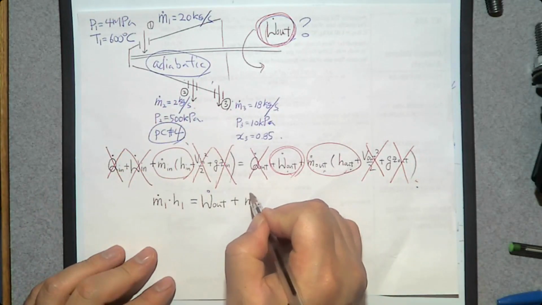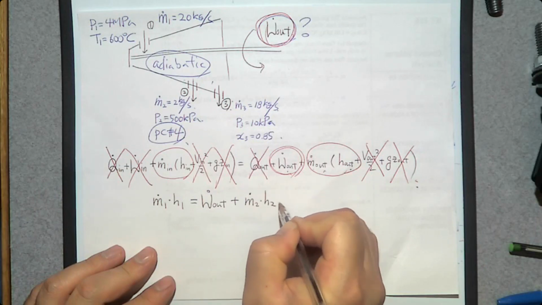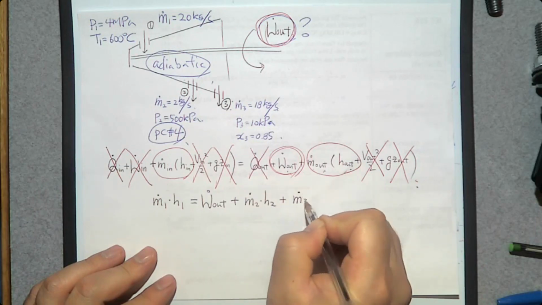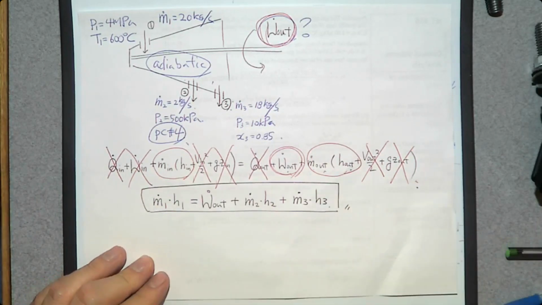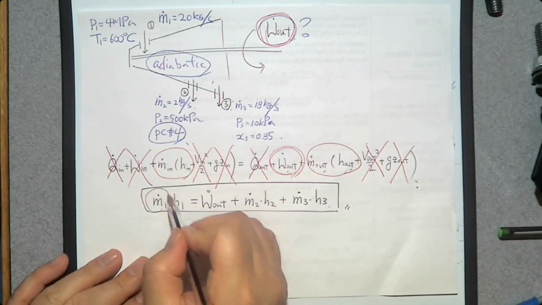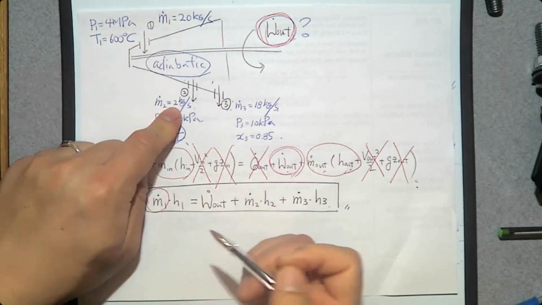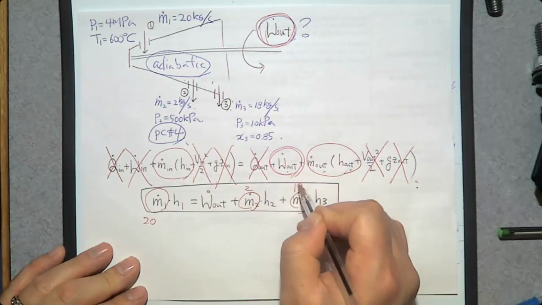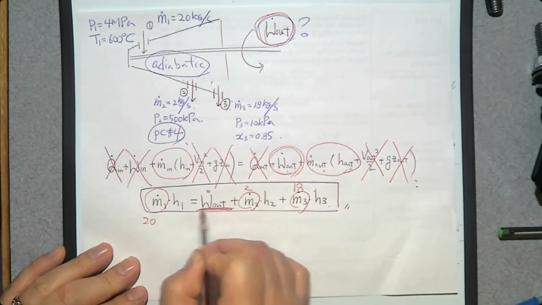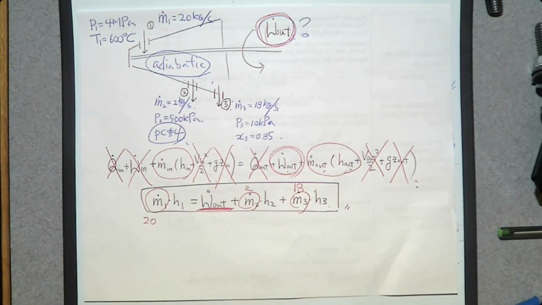So m dot 2 and its enthalpy, m dot 3 and its enthalpy. So this is the energy balance equation. Do we know m dot? Yes, 2218. We want to determine this W dot out. So if you know H1, H2, H3, you can find W dot out.